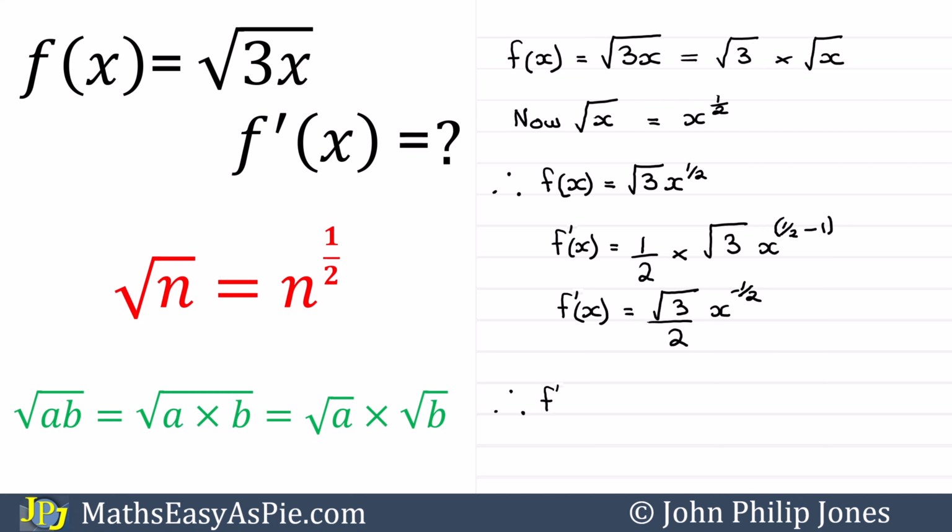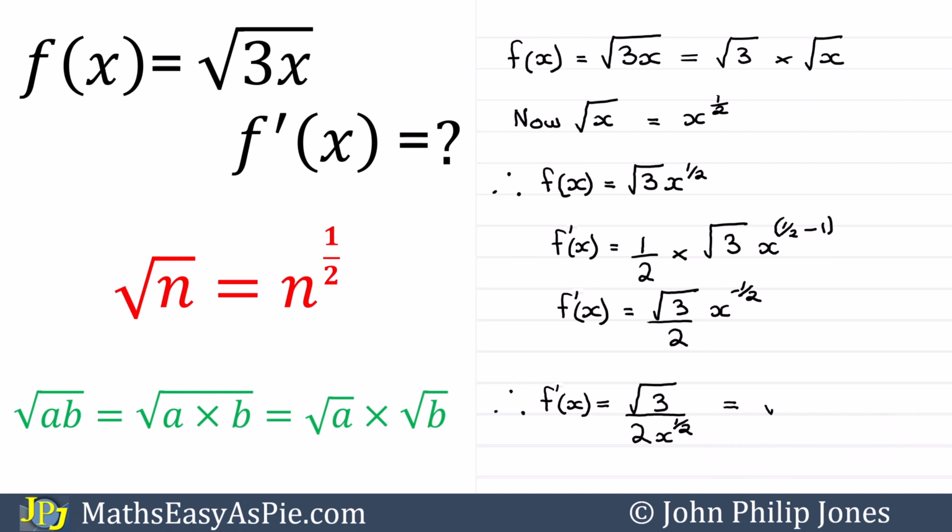Therefore, we can write that f prime is going to equal the square root of 3 over 2, x to the minus 1/2. Now, from work earlier in the playlist, you should be aware that this x to the minus 1/2 can be brought to here below the line and changed to x to the plus 1/2.